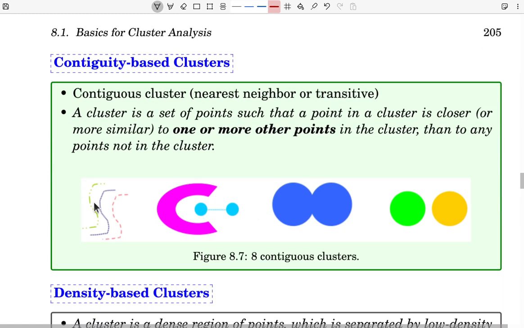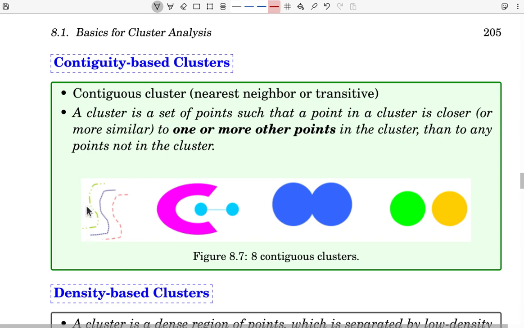Okay, here let's look at contiguity-based clusters. Then the definition of a cluster is given in this way. A cluster is a set of points such that a point in a cluster is closer to one or more other points in the cluster than to any points not in the cluster. So at least one is closer, then it will be assigned as a member of the same cluster.